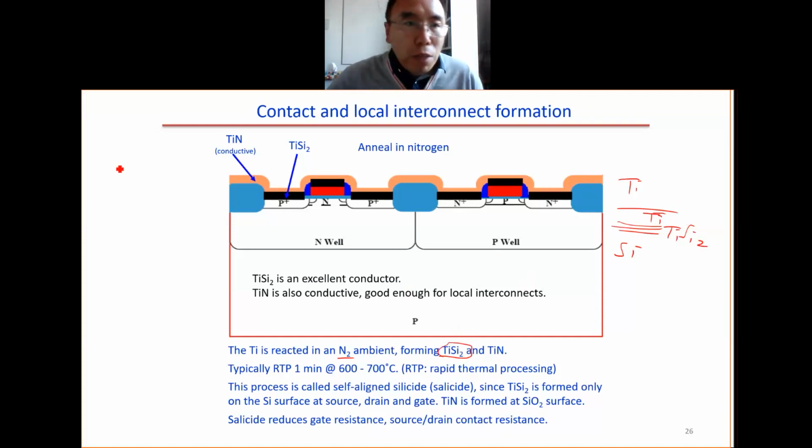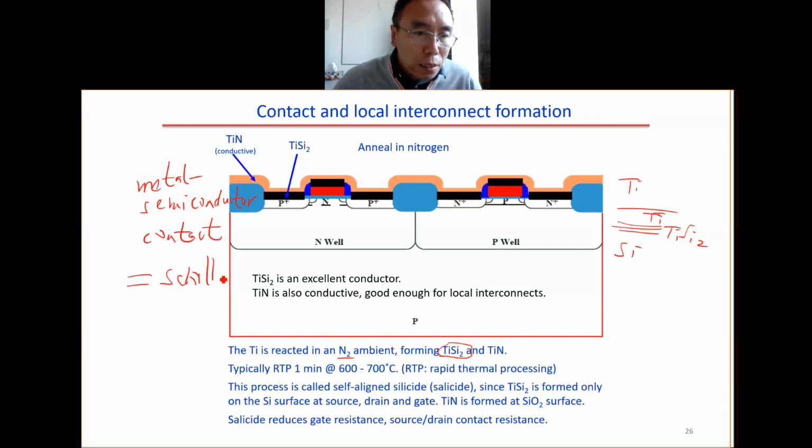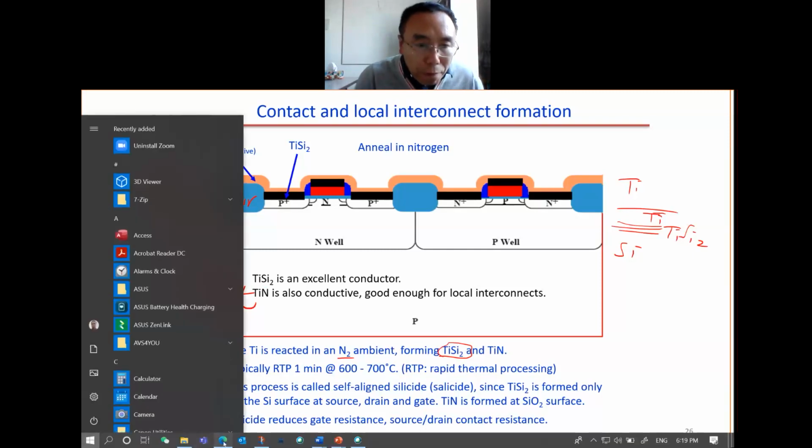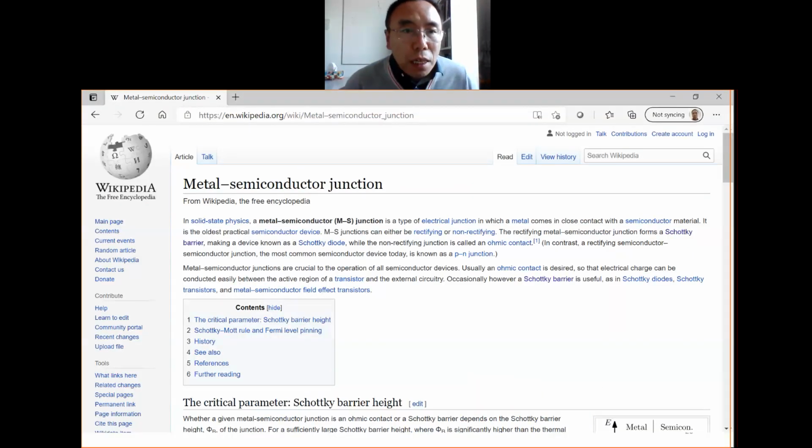So we know that for the metal semiconductor contact, we have something called the Schottky contact. So you can look at the metal semiconductor junction.